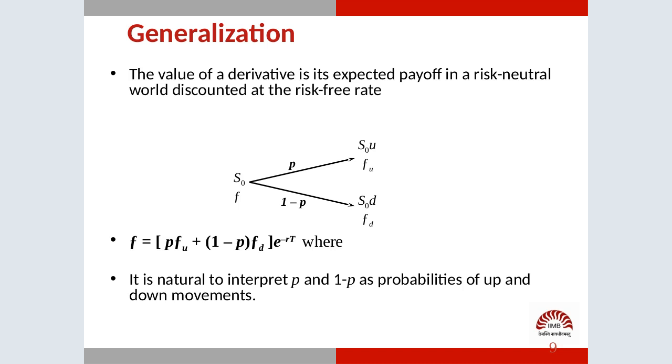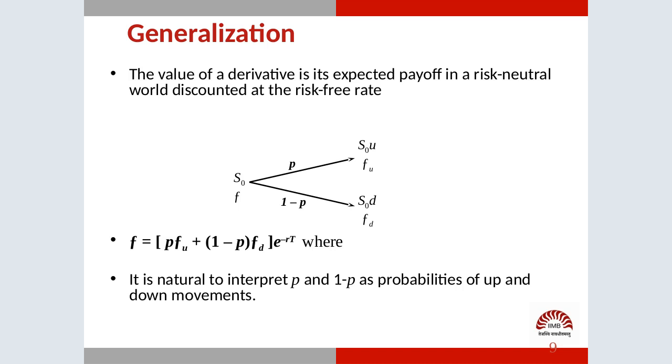You can get to S0U with probability P and S0D with probability 1 minus P. Okay, what is the expected value at T?